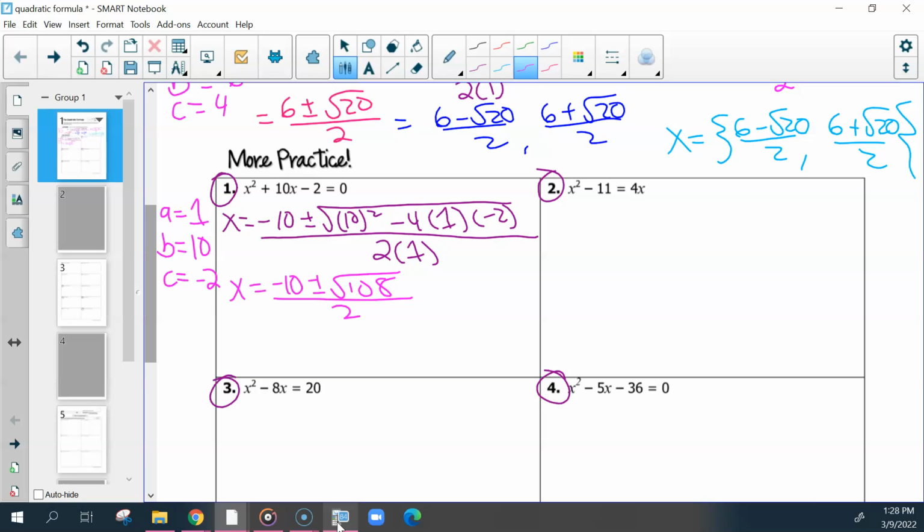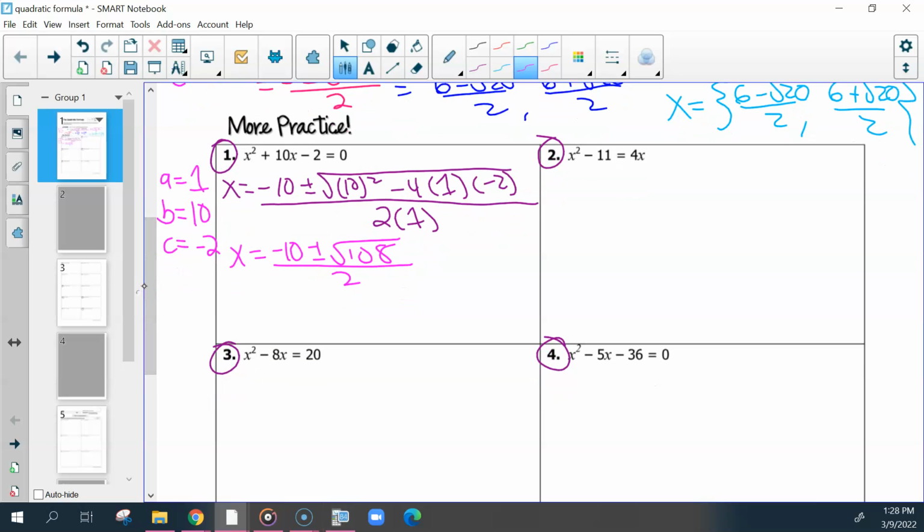Is 108 a perfect square? No. So that means 108 is going to stay the same. So I'm going to go ahead and jump to my solution set, which would be negative 10 minus the square root of 108 all over 2, and negative 10 plus the square root of 108 all over 2.